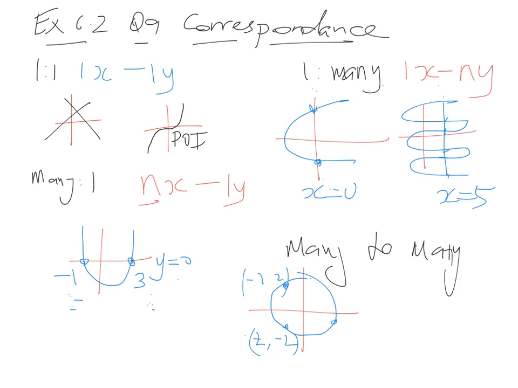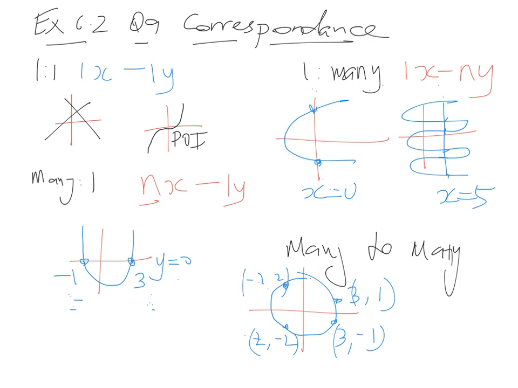Then over this side, we could have an x value of 3 and a y value of -1, and another x value of 3 and a y value of 1. So we've got many x values relating to the same y value.